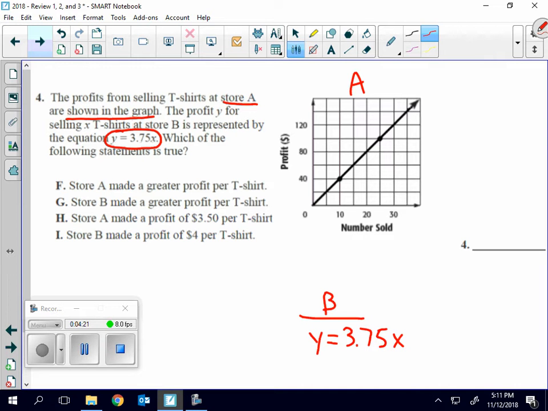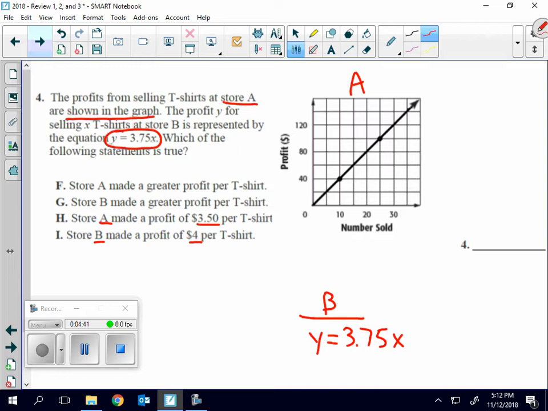All right, we want to know which of these statements is true. We're going to have store A making a bigger profit than store B, or store B having a bigger profit than store A. Store A made this kind of profit, store B made this kind of profit. So let's talk about what profit means in this case.